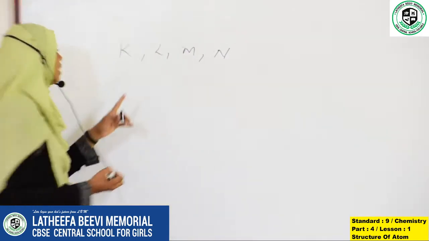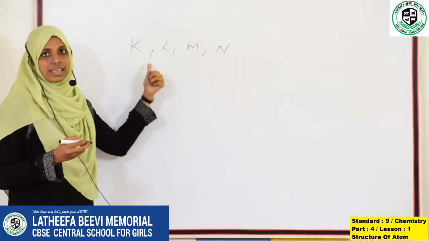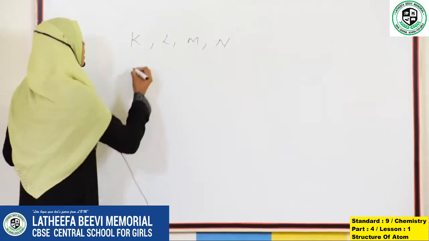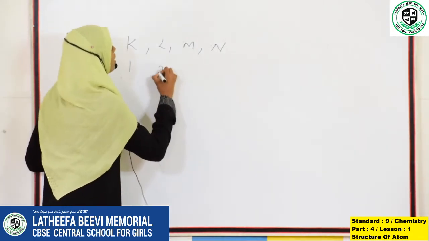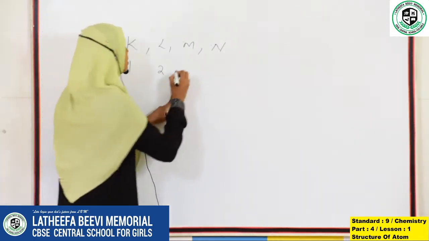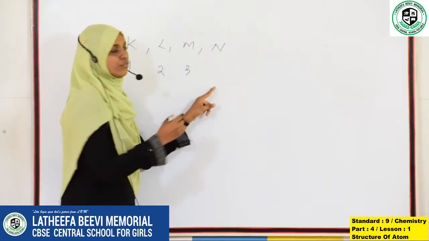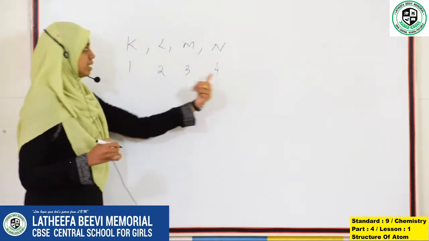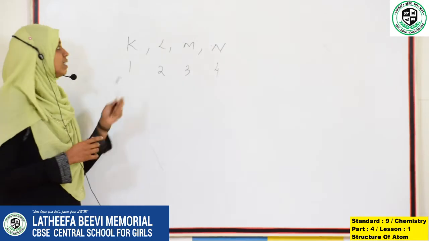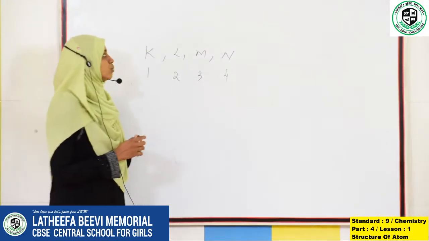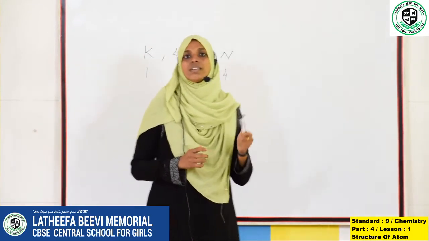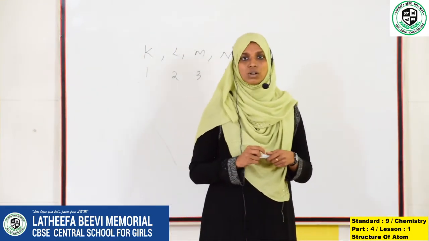The K shell gets the number 1, for L it is 2, for M the number is 3, for N the number is 4. So this is the shell number, and the shells are K, L, M, N. According to the Bohr model, electrons revolve around the nucleus in a particular path called an orbit.